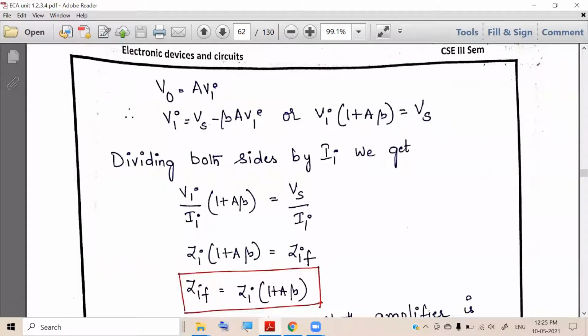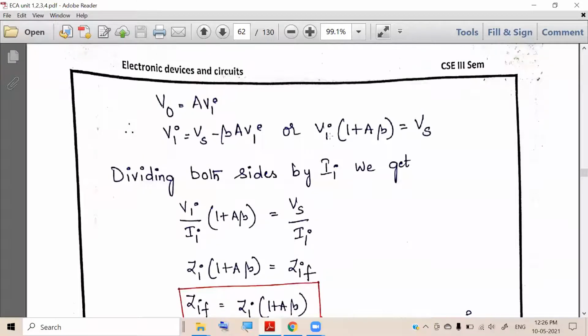So Vi into, if you bring this one, already 1 Vi, so 1 plus A beta. The minus, when you bring it to the LHS, becomes plus, isn't it? So plus A beta, simple maths. So we are getting this relation.